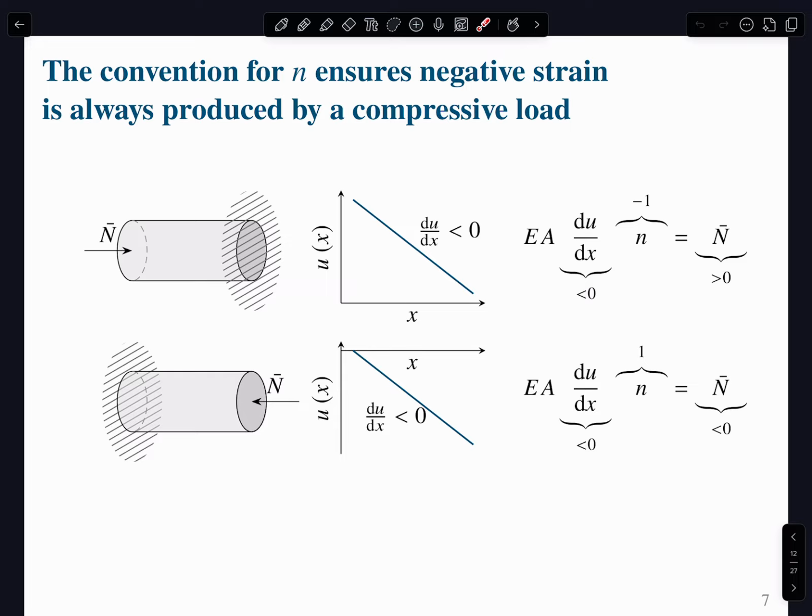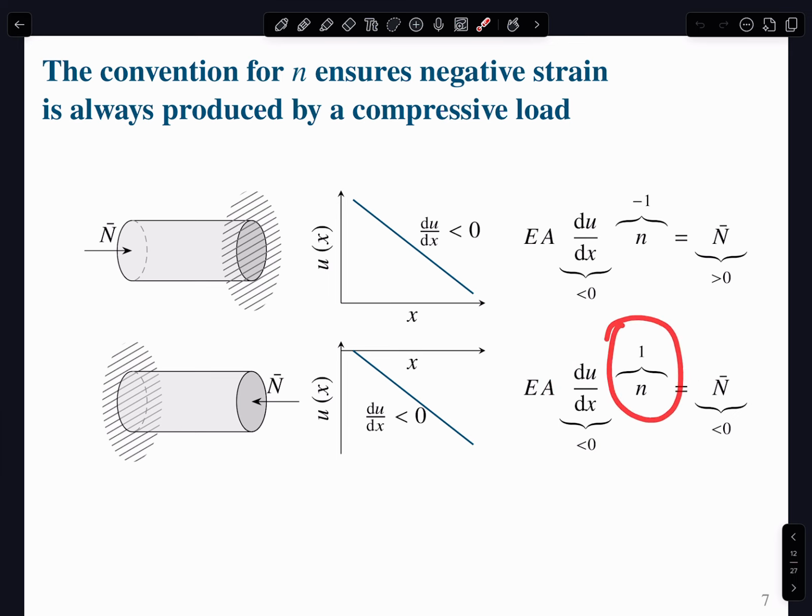Similarly, if I now change the type of problem, and I'm looking at this case here, where I'm prescribing the value of the displacement at this point to 0, and I compress that, notice that now my load is negative. So this quantity here is negative. This has to be negative because it's under compression.